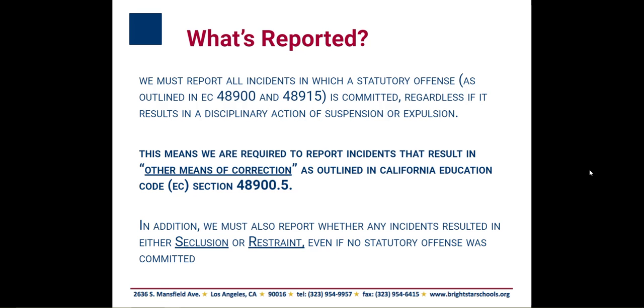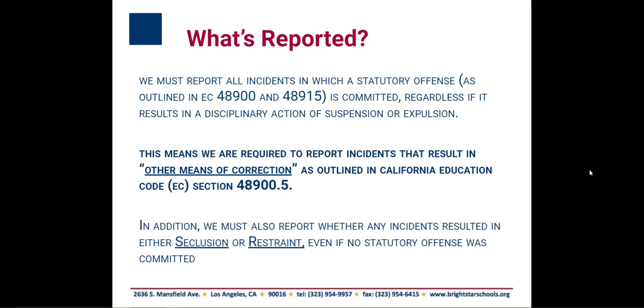So before we get started, what is it that we report? We must report all incidents in which a statutory offense, as outlined in Education Code 48900 and 48915, is committed, regardless if it results in a disciplinary action of suspension or expulsion. Some of you who may have been doing this for some time, previously we were only reporting suspensions and expulsions.